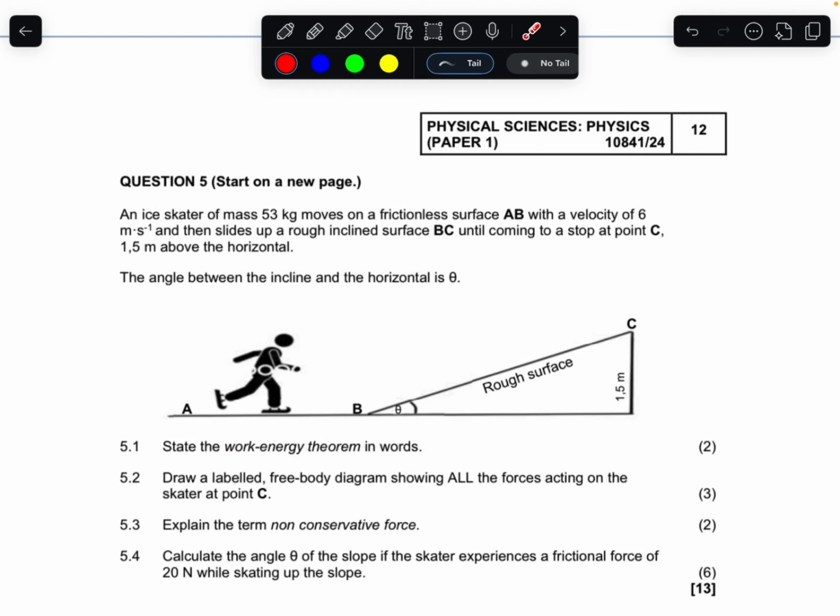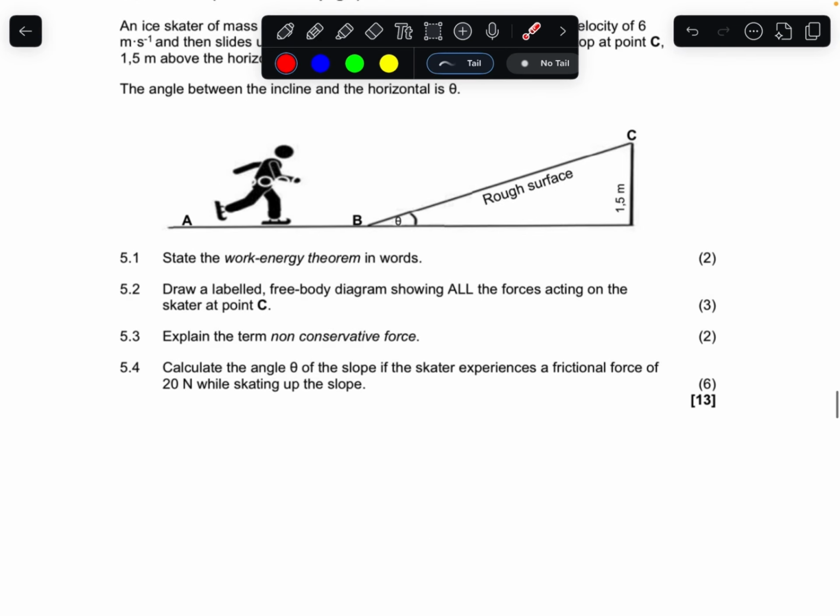The work energy theorem in words says the net work done is equal to the change in kinetic energy of an object, right?